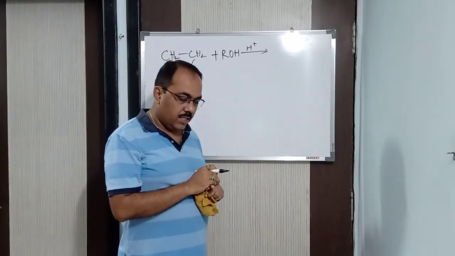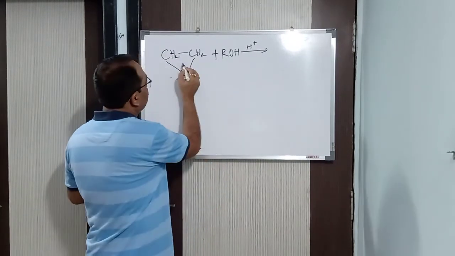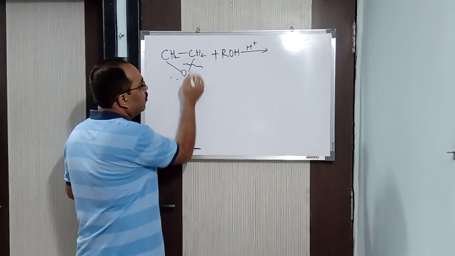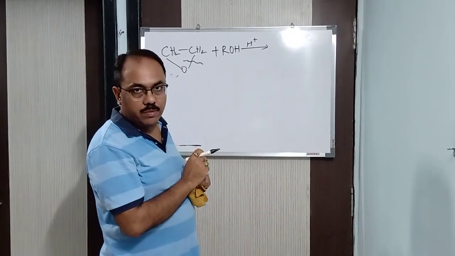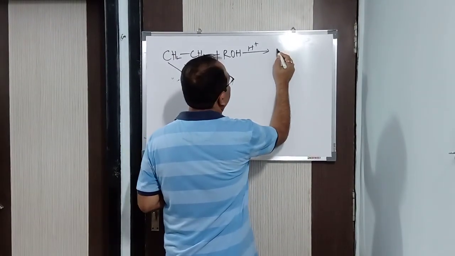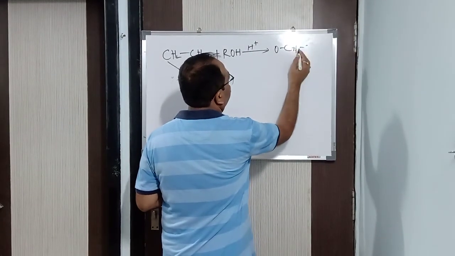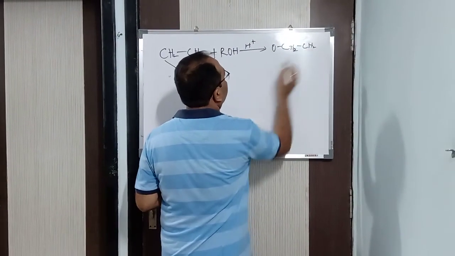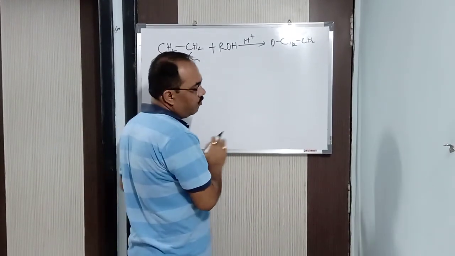Here this particular bond is being cleaved. Either this bond or this bond, any one of the bonds is cleaved. So when this bond is cleaved, what am I going to get here? O, CH2, CH2. Now this O will go with what?